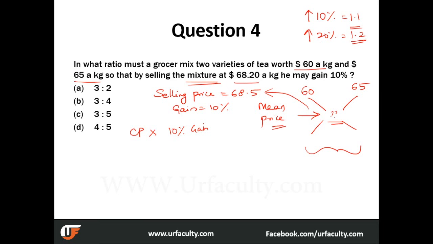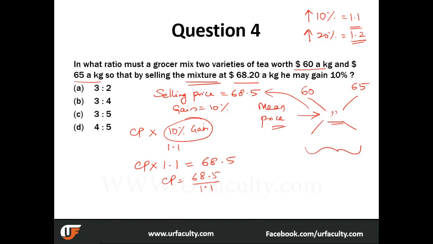Please do visit my percentage video. You'll be able to understand. So a 10% gain can be written as 1.1. So cost price into 1.1 is equal to 68.5. So what is your cost price now? 68.5 by 1.1. So this is your cost price.